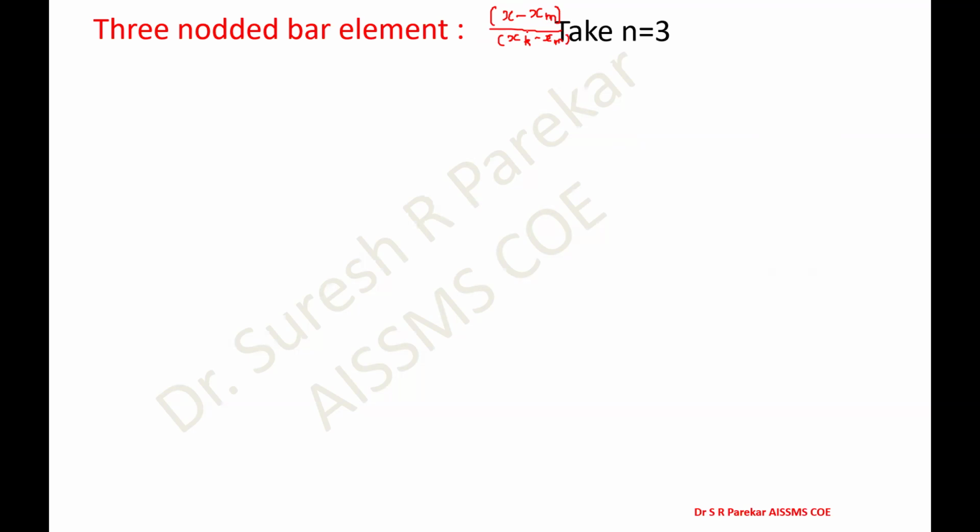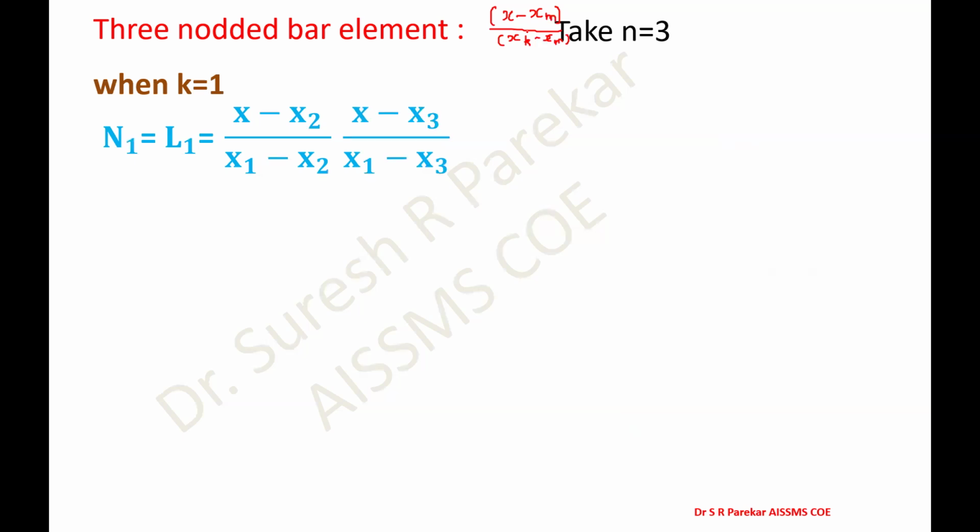Now, in this case, you can see we have node 3. So, when we have k is equal to 1, we are going to get n1, that is x minus x2 upon x1 minus x2 and x minus x3 upon x1 minus x3. Because we know m is not equal to k, and k is 1.